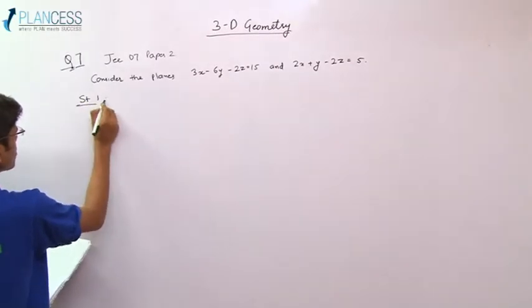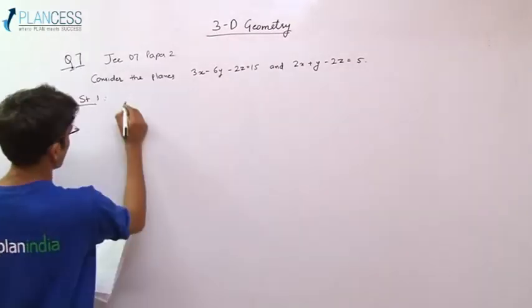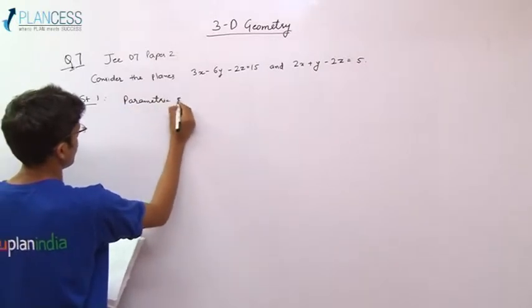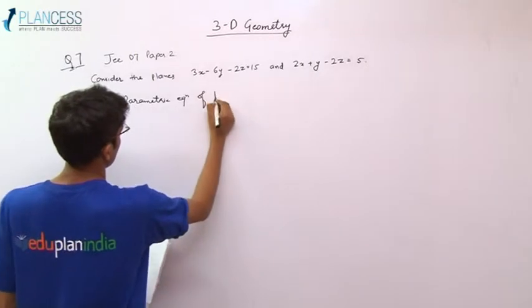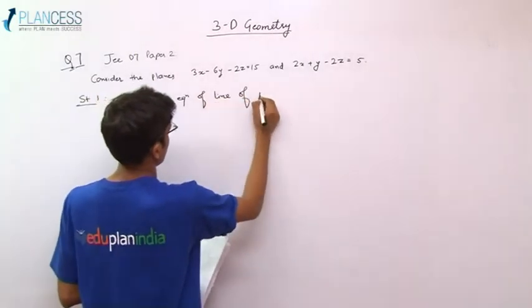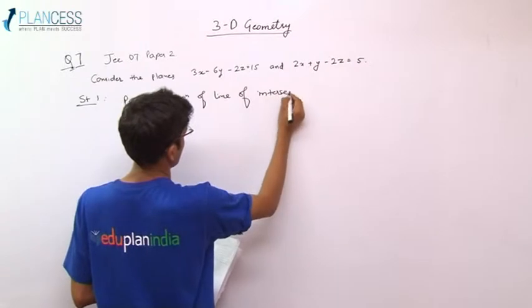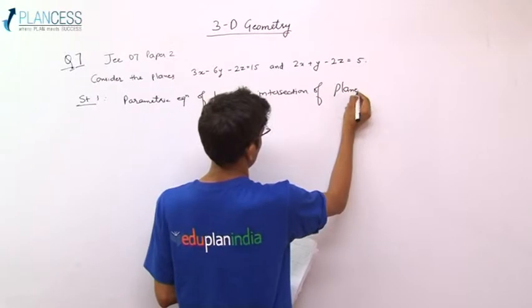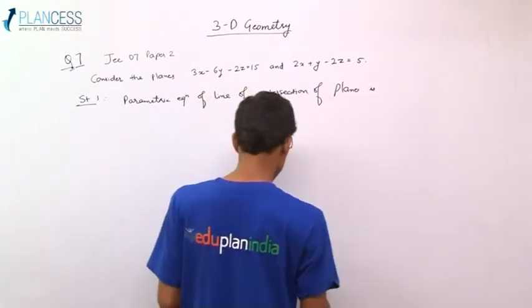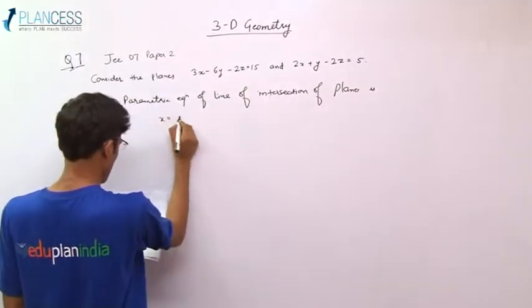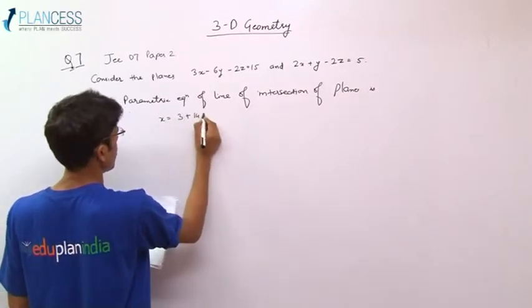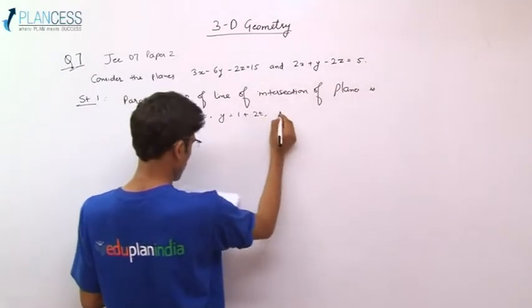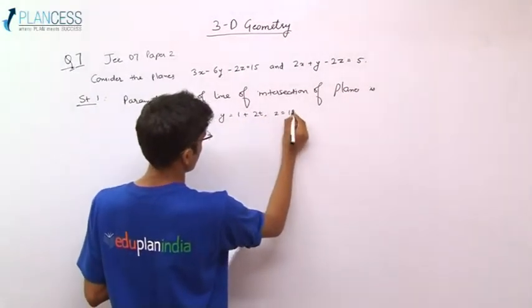Statement 1 says the parametric equation of the line of intersection of the planes is x equals 3 plus 14t, y equals 1 plus 2t, and z equals 15t.